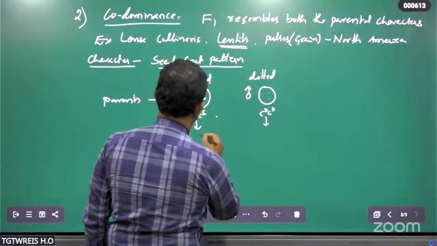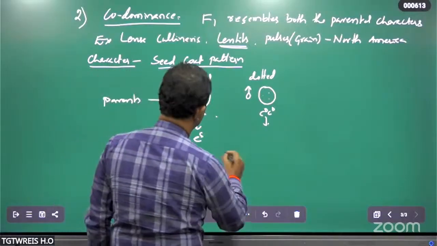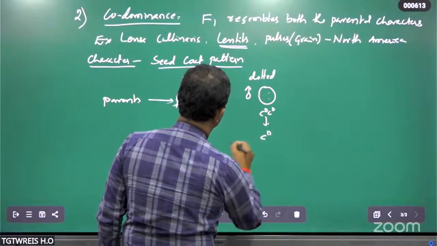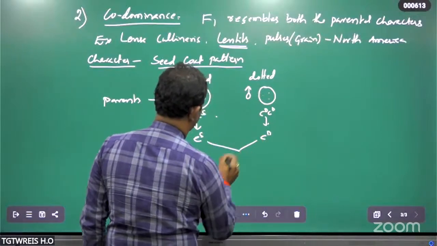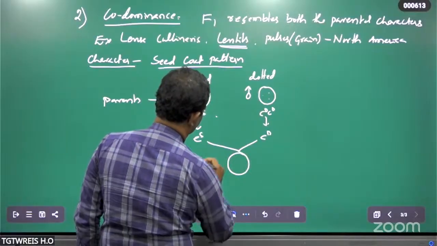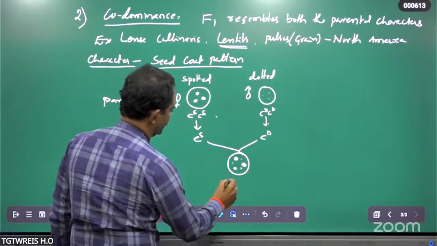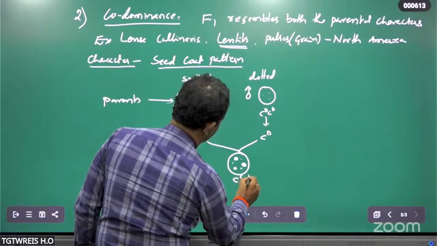So the gametes are CS and CD. So crossed, we get the CSCD.